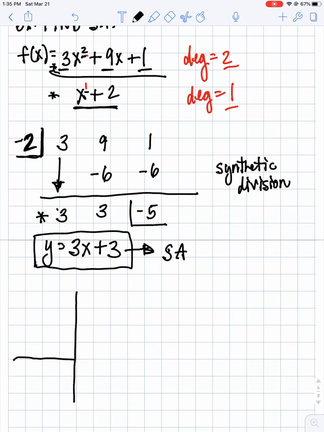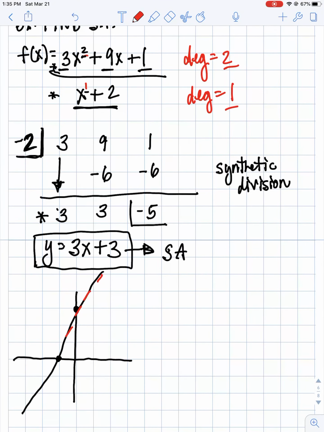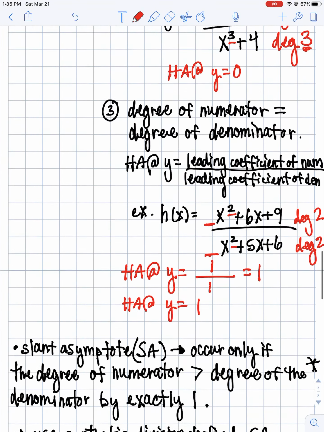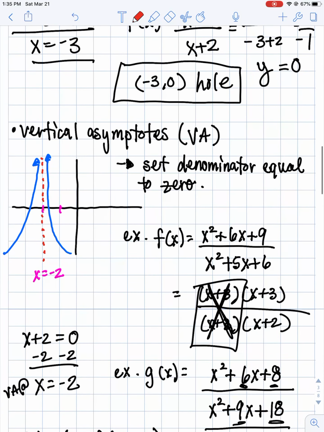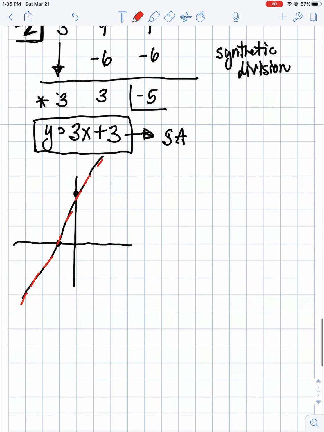So the reason it's called slant, okay, here's my little corny joke for you, is because if you were to graph this, it would be up 3. Your y-intercept is 3, and then you could graph this. And so technically I should have graphed that as a dotted line, because that right there is your asymptote. Whereas up here, we had a vertical asymptote and a horizontal asymptote.